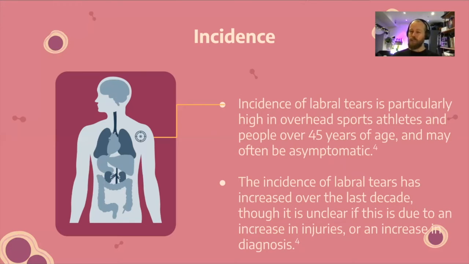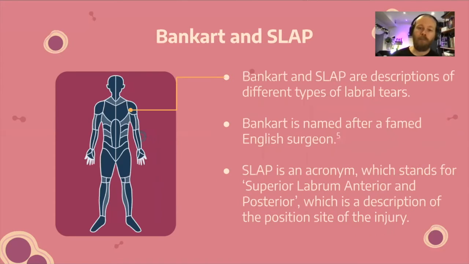It's not yet totally clear if that increase is due to an increase in prevalence or an increase in diagnosis. So are we seeing them more because they're happening more, or are we seeing them more because we're better at diagnosing them and therefore we're finding them more? And it's not yet clear which one is the truth.